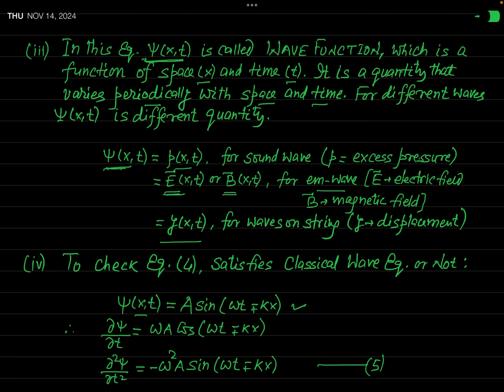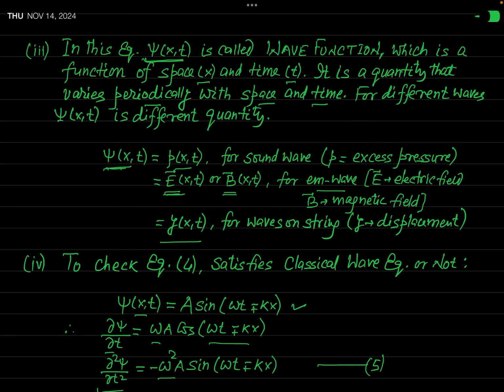So definitely if you want to differentiate it with respect to t, you must keep x as constant, and so we have to find the partial derivative. So del psi by del t will be omega a cosine(omega t minus/plus kx), and therefore del 2 psi by del t square will be minus omega square times a sine(omega t minus/plus kx).